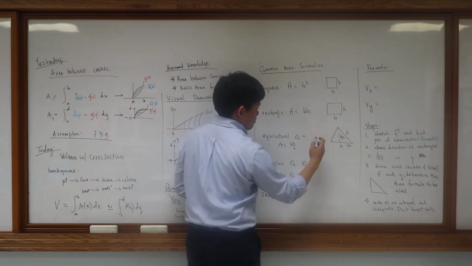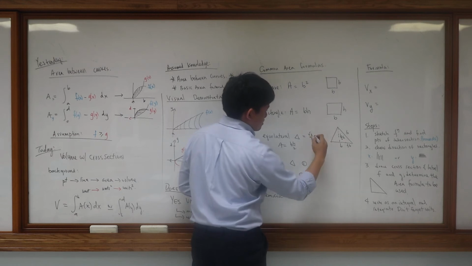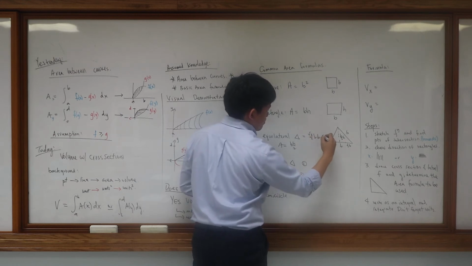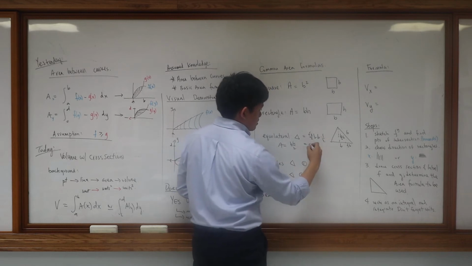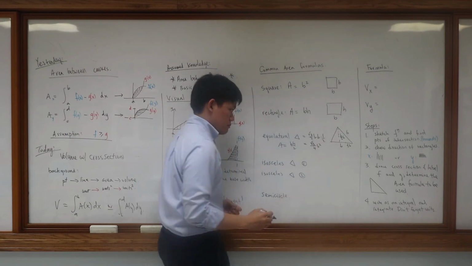So my height, root 3 over 2 times b, times my base, divided by 2. That's all you get. So it's going to be root 3 over 4 base squared.